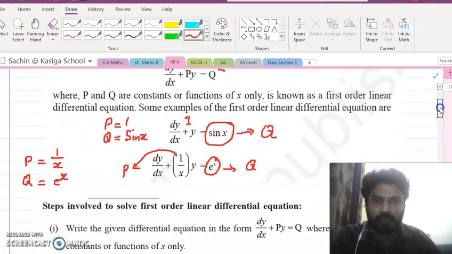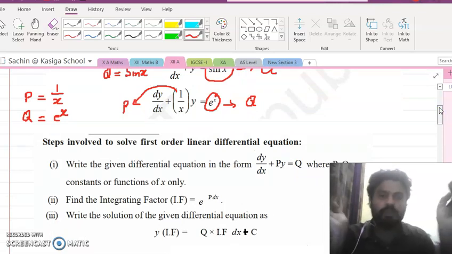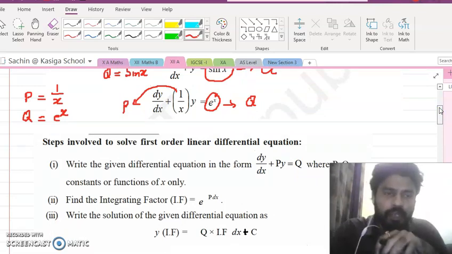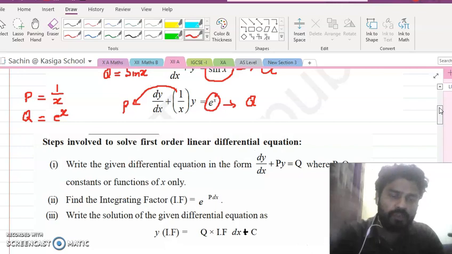So let's see the steps to find the solution of a linear differential equation. The first aim is to recognize the linear differential equation, because sometimes in the examination students get confused between homogeneous differential equation and linear differential equation.